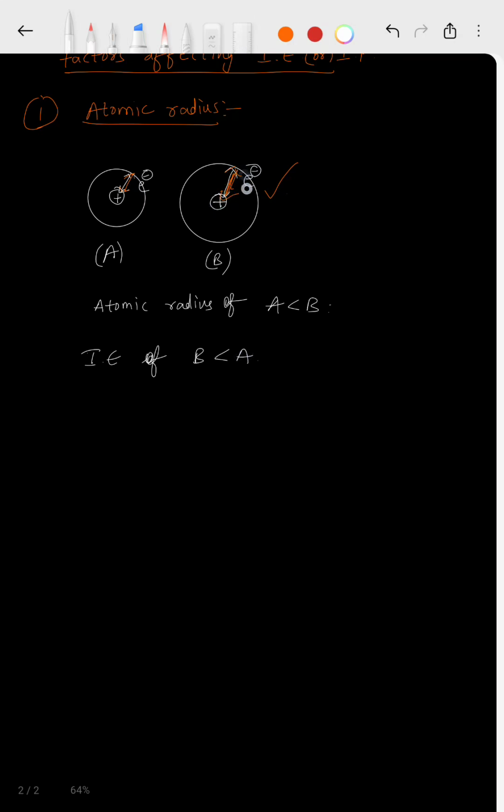Here I can remove the electron easily because the distance between the nucleus and the electron is more, and here it is less. So I can remove the electron from B easily, so I need less energy to remove it. So the IE will decrease. Is atomic radius inversely proportional or directly proportional? Inversely proportional. As atomic radius increases, ionization energy decreases. So atomic radius is inversely proportional to ionization energy.